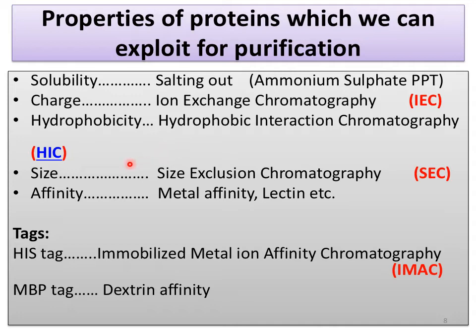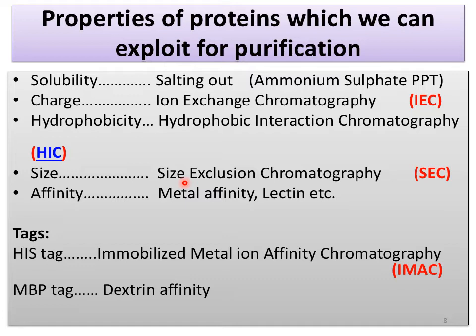Another important method to separate proteins is on the basis of their size. This type of chromatography is called size exclusion chromatography. In this chromatography, the stationary phase contains pores, and the proteins move through the stationary phase depending on their ability to penetrate those pores.